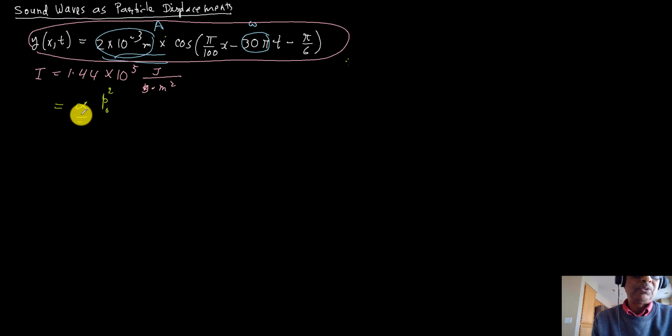Okay, so this guy over here, if you remember from the displacement part, if you just look at the intensities, we have a half rho v omega amplitude squared.